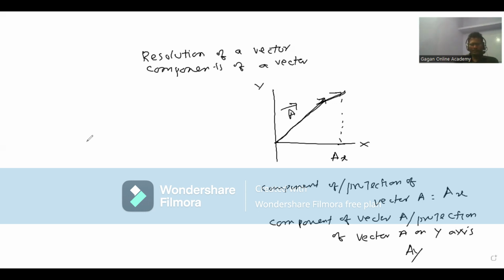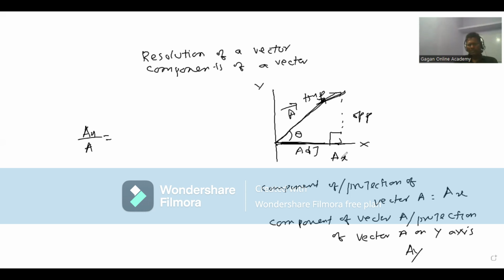Now we are taking this Ax, right? I am writing Ax by A. Here a right angle triangle is formed. Slant line is called hypotenuse. So here theta, this is opposite side, this is adjacent side.